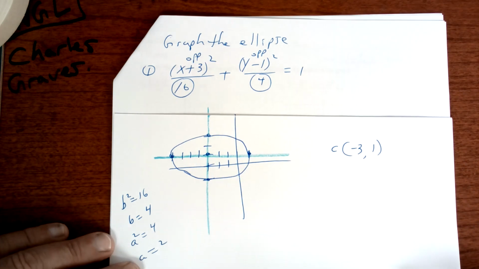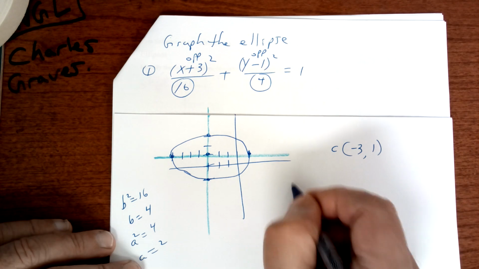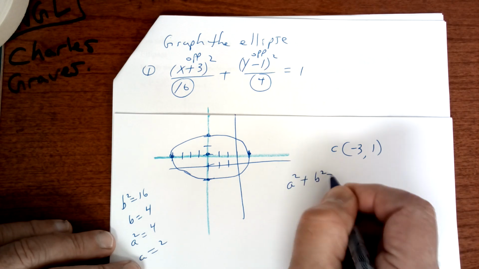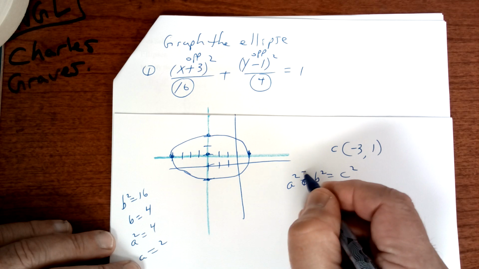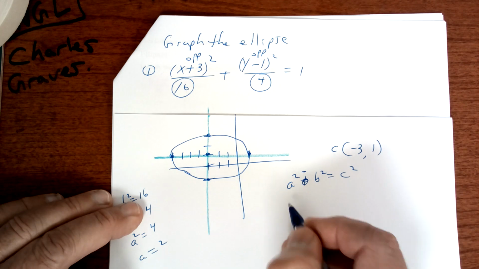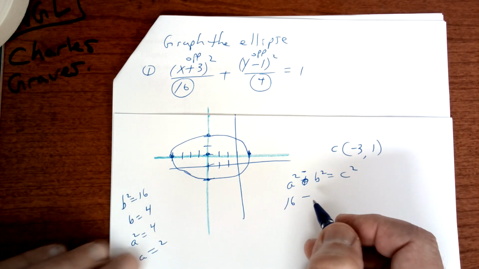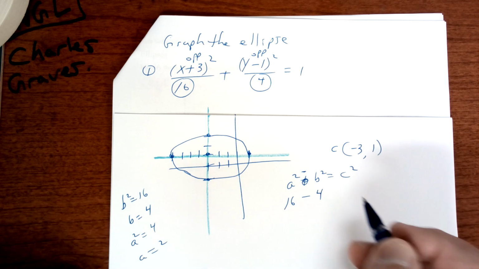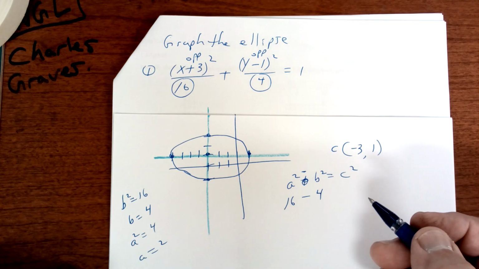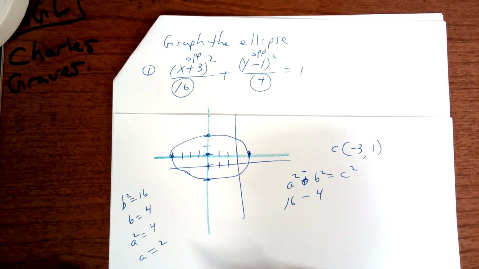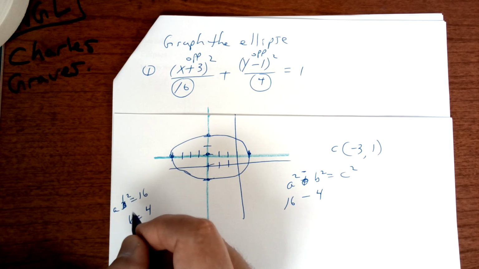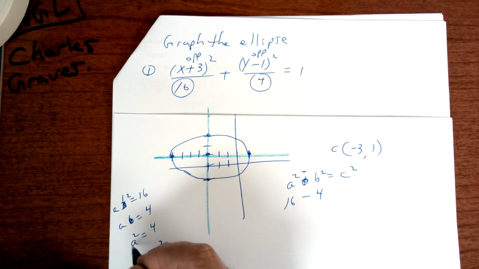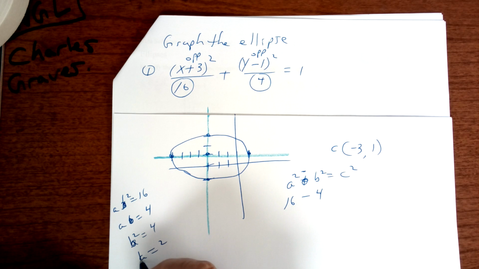Now you need to find your foci, so it's a squared plus b squared equals c squared, but it's a negative. So 16 is your a squared minus 4 is your b squared, and actually this should be a squared, and this should be a, and this should be b squared, and this should be b. Okay?